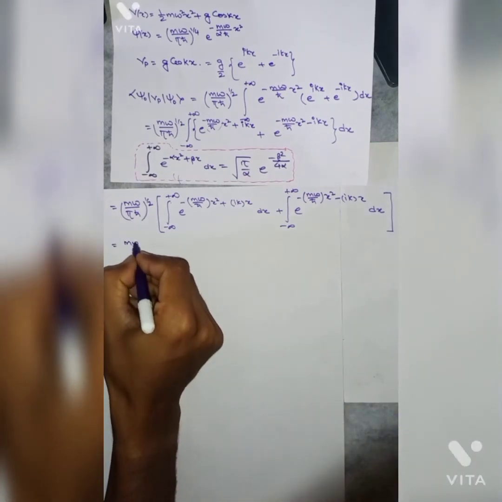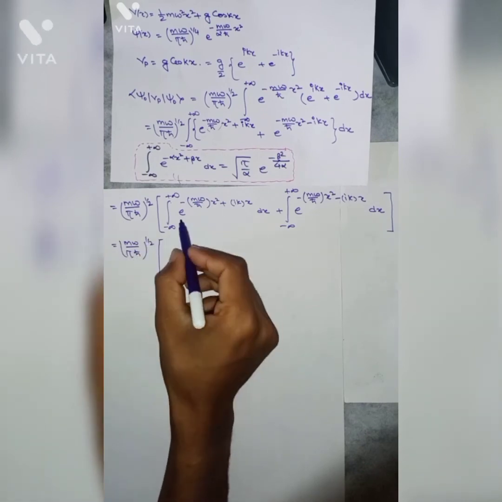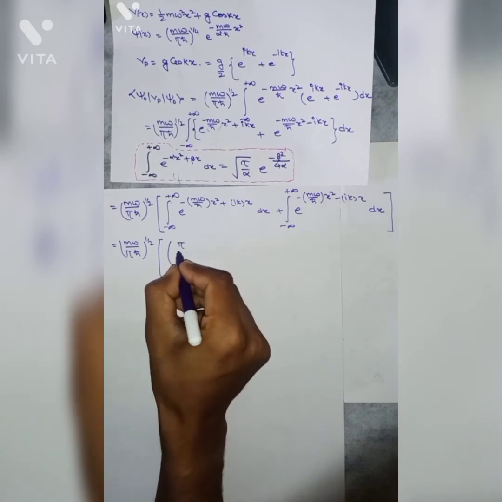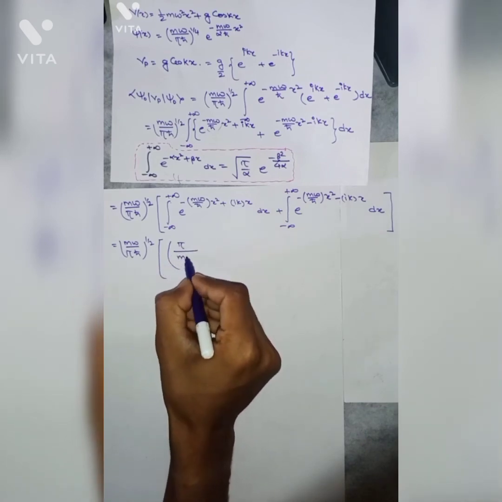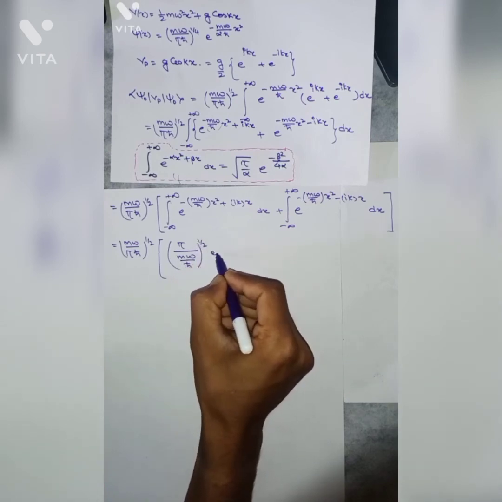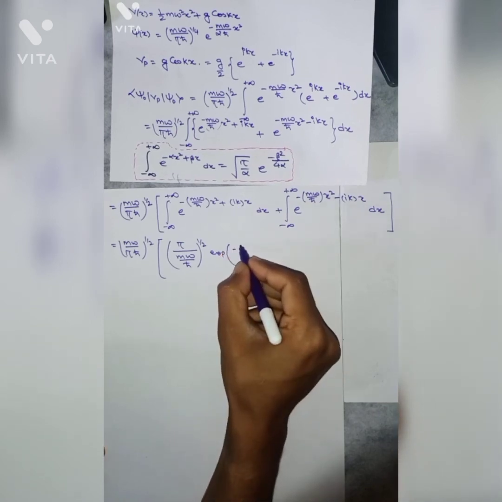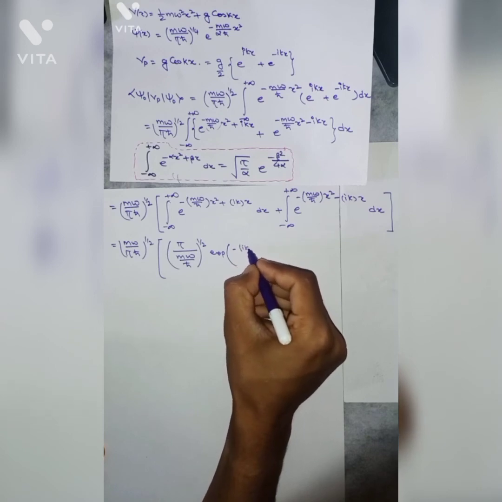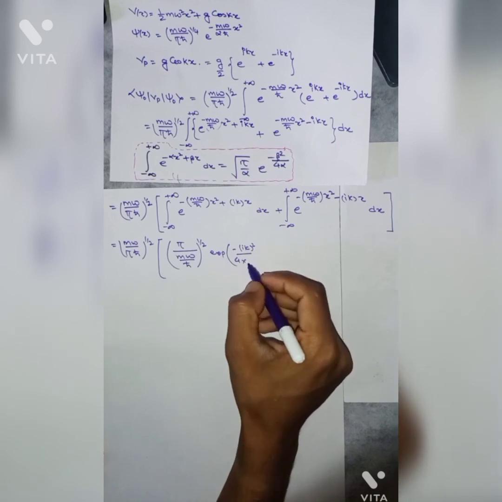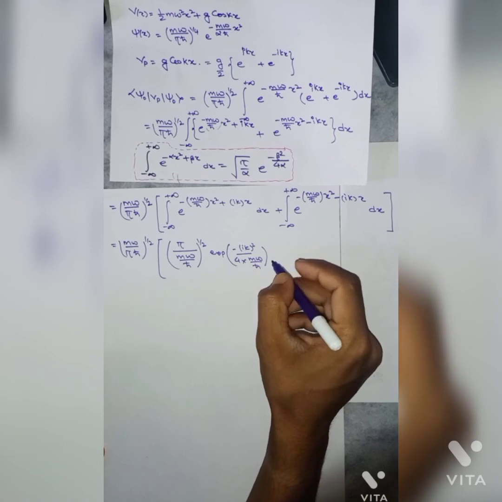Now (mω/πħ)^(1/2), and then for the first term it is square root of pi by what is alpha? It is nothing but (mω/ħ) whole power half, exponential minus of what is beta squared? Beta squared is (ik) squared upon 4 into what is alpha? mω upon ħ, right?